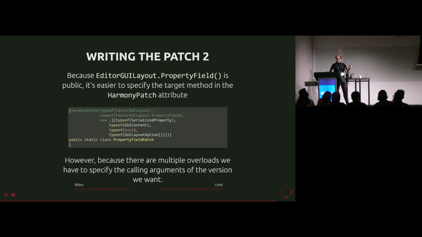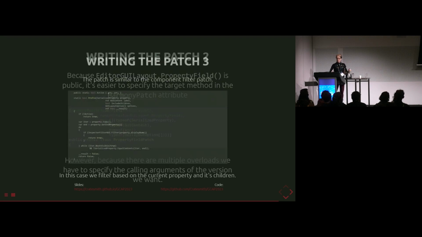I'm going to gloss over this quickly because I'm short of time, but rather than specifying target methods in a TargetMethod, I'm specifying it in the Harmony patch attribute because these are public items, so it's easy for me to use typeof and nameof. It's only long because of all those overloads. I have to specify all of the argument types so that it knows which version we want to patch.